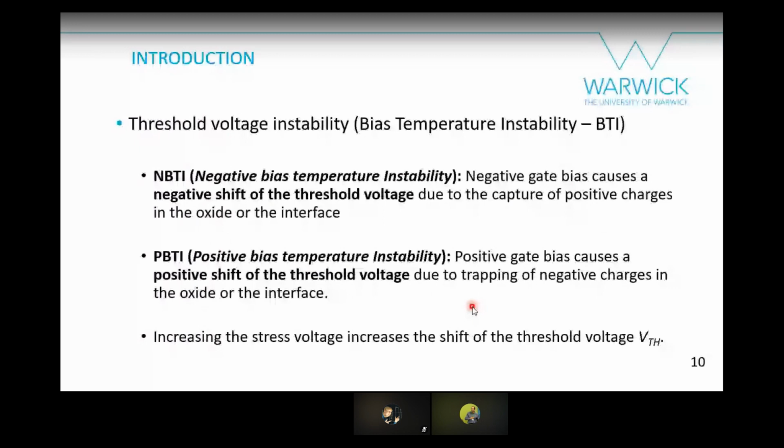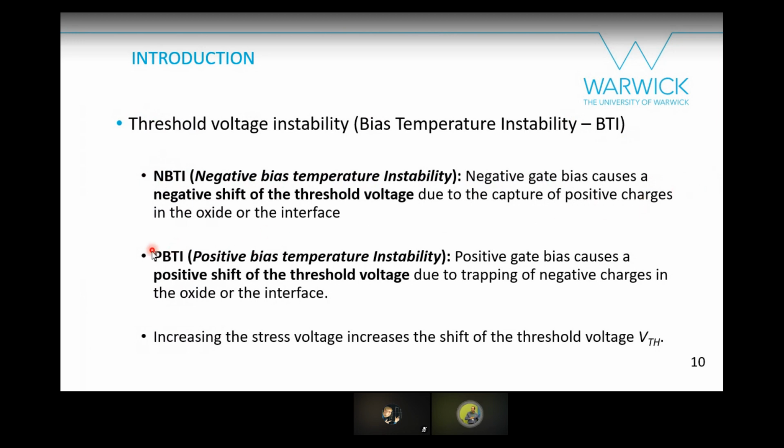So let's just define some terms. You have threshold voltage instability, also called bias temperature instability, BTI. You will see that terminology applied differently. NBTI is negative bias temperature instability, and it means that a negative gate bias causes a negative shift of the threshold voltage due to the capture of positive charges in the oxide or the interface.